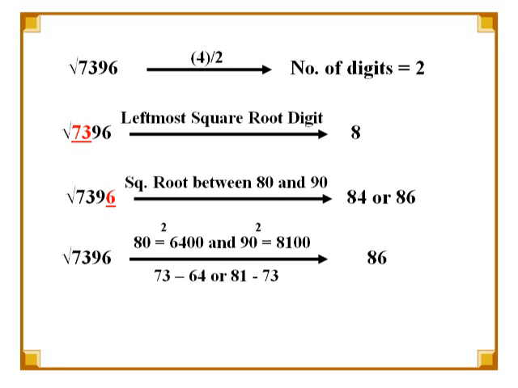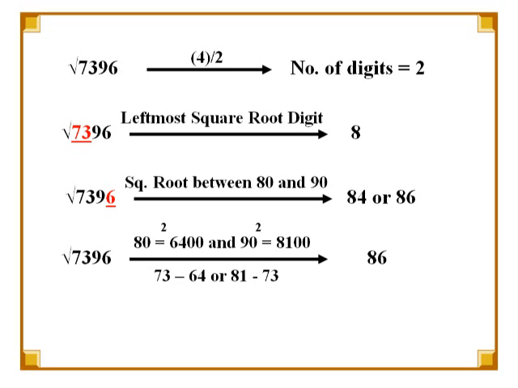We now square the numbers 80 and 90. The square of 80 can be obtained very simply by squaring 8 and adding 2 zeros, so we get 6400. And similarly, the square of 90 is 8100.